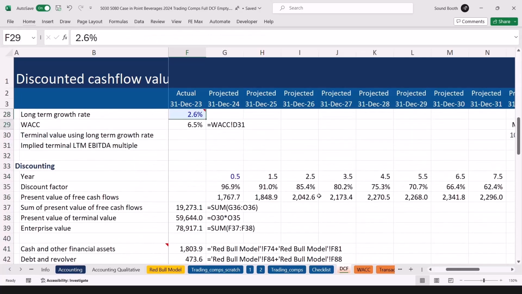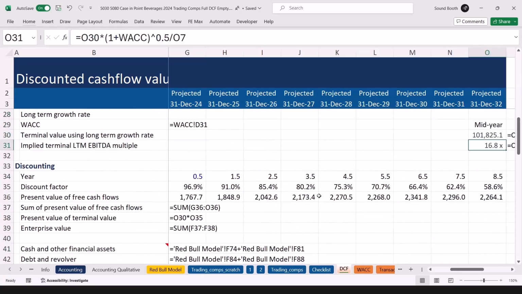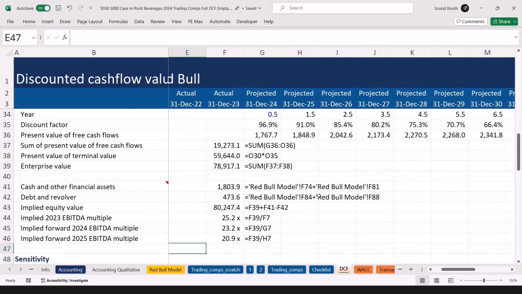So the implied terminal value multiple is 16.8 times, significantly lower than the implied EBITDA multiple for the whole forecast period. And the reason for that is that as growth slows, you would see the multiple contracting. So this really makes sense as an overall concept in the model.